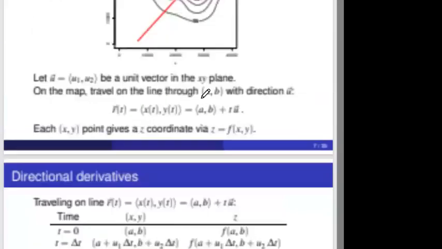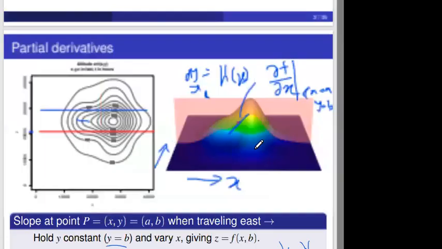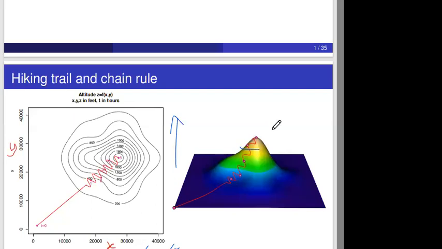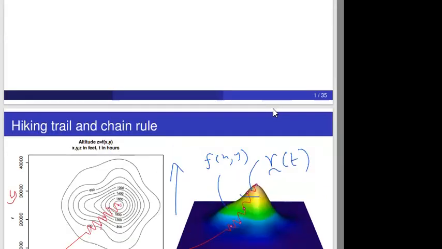Basically, this is the hiker's path r, and if you know the function f, then you are able to find the height of this path.